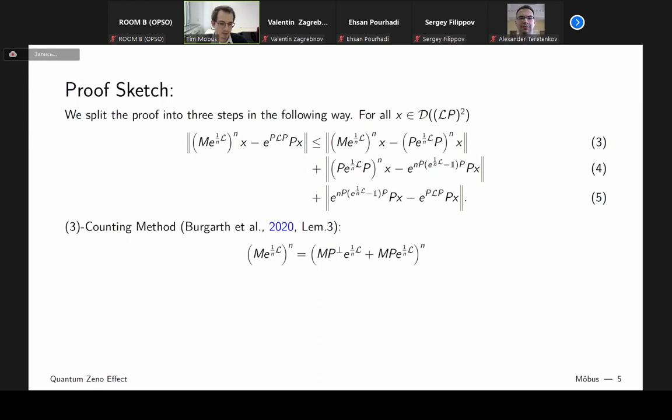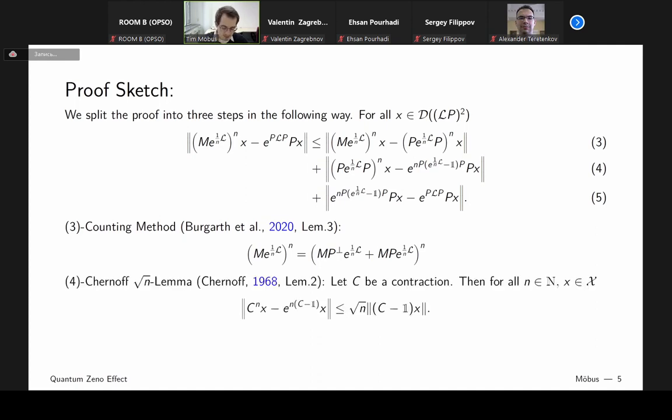The rough idea is to split M into MP perp, where P perp is identity minus P, and into MP, and one can show that MP is equal to P by the uniform power convergence assumption. Then we expand the exponent here and partition certain terms which converge quite similarly, and at the end one can show that all terms together converge with the convergence rate 1/n, and of course we use our assumptions there.